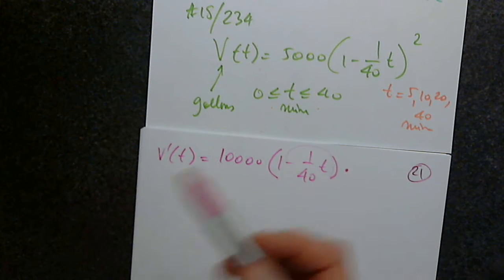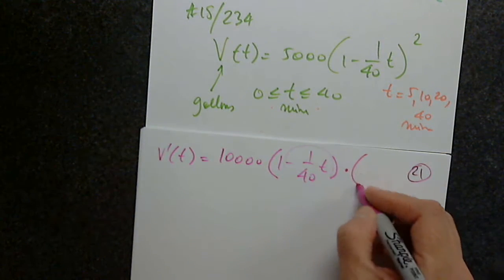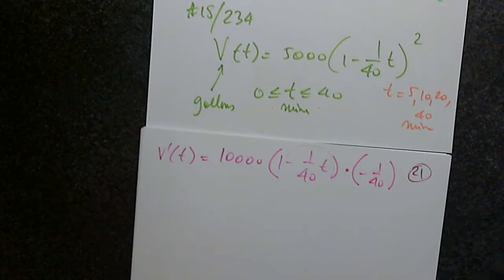What do I get? Negative 1 over 40. Excellent. Do we all agree with this? Please stop me and say, do it again. Is this clear? Perfect. Next.